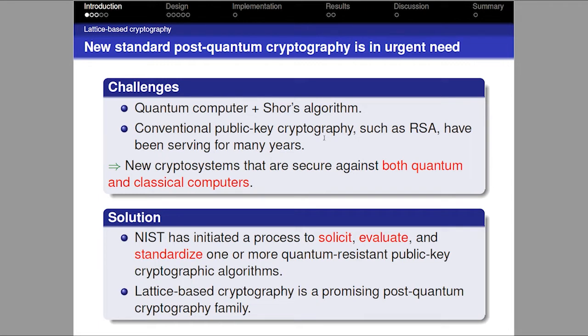Therefore, new crypto systems that are secure against both quantum and classical computers are in urgent need. In 2016, NIST launched a process to pick one or more quantum-safe algorithms. Among these candidates, lattice-based is a promising family.